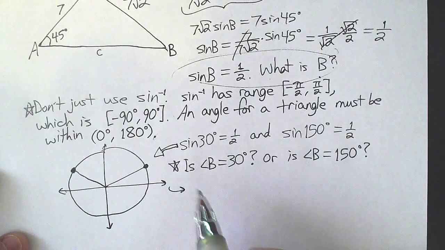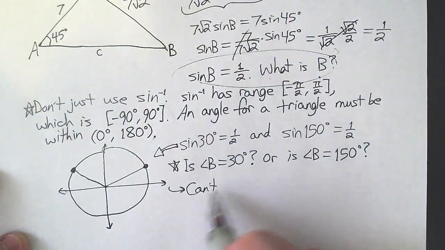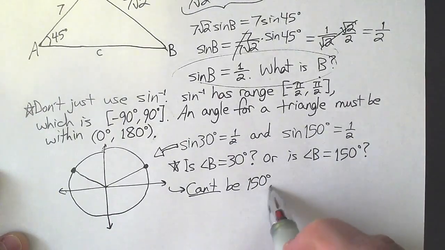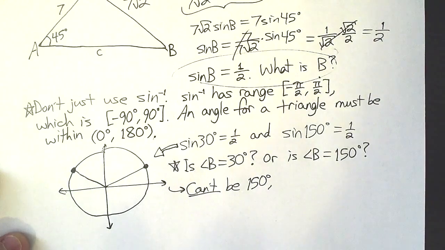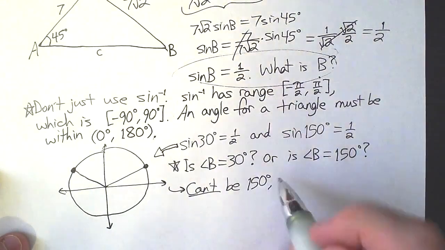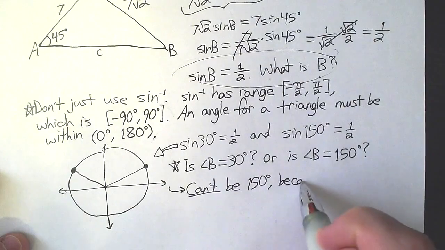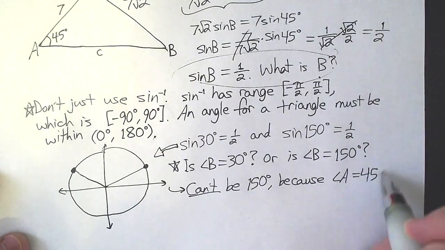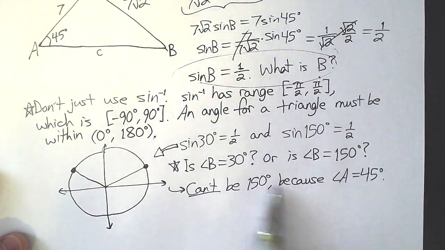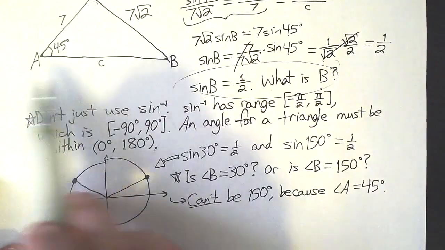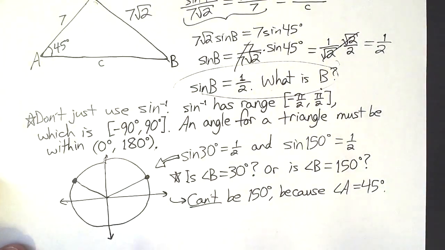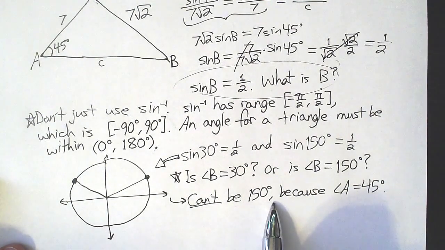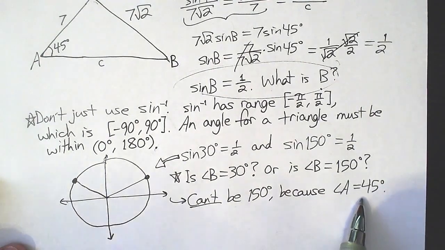All right, so what I want to say is it can't be 150 degrees. And you could think about how we know that. It's because the angle A is 45 degrees, and we know that all 3 angles added together have to be 180. So we can't really have a 150 degree angle in this triangle because it would put us over budget.